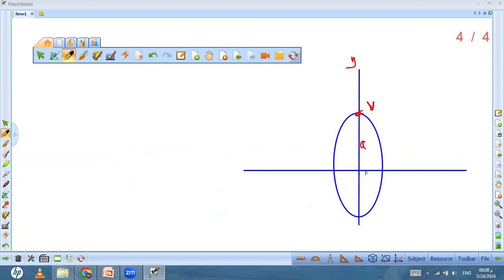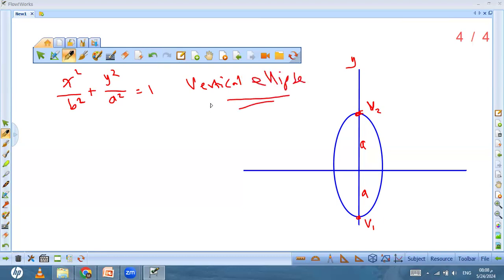It means A was Y. How does this affect the equation? My equation became x squared over b squared, and a squared was y squared. Now it's a vertical ellipse.